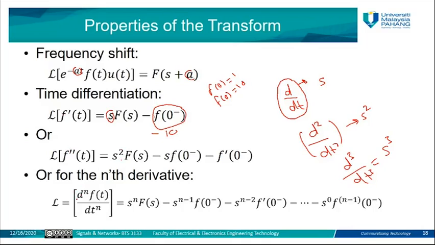If you have the third, or the nth derivative, it becomes s to the power of n times the transform, minus the initial conditions. Since you have multiple derivatives, you have the initial condition for the (n minus 1) derivative, then for the (n minus 2) derivative, until you reach the initial condition of the original function.